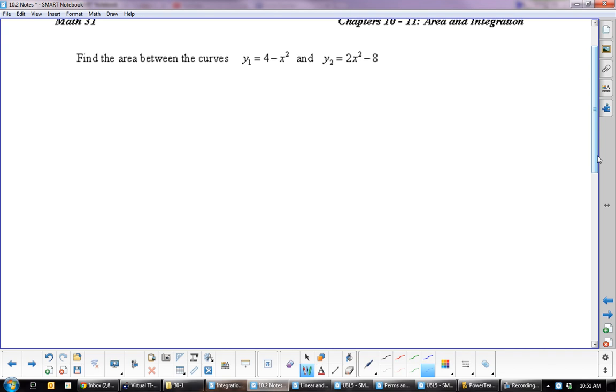Okay, now let's kind of do a diagram here. We've got 4 minus x squared, which is the same thing as negative x squared plus 4. So that's actually right here, and it's going down here.